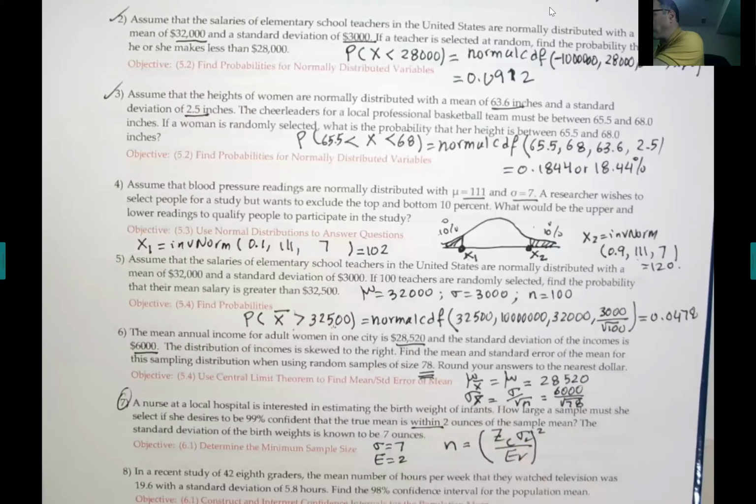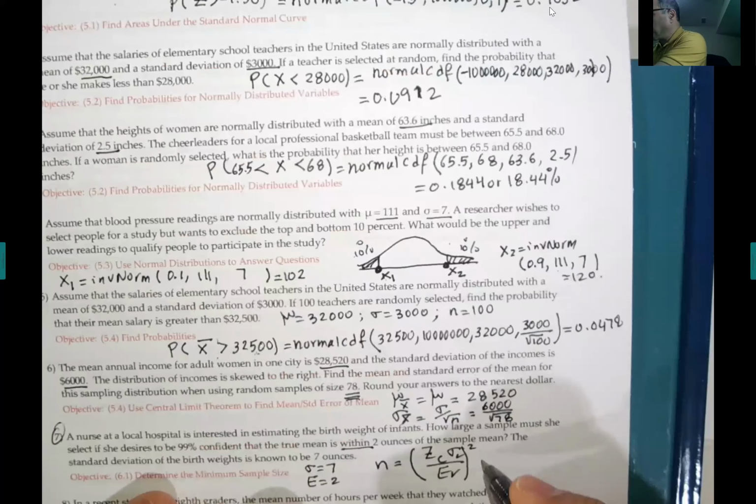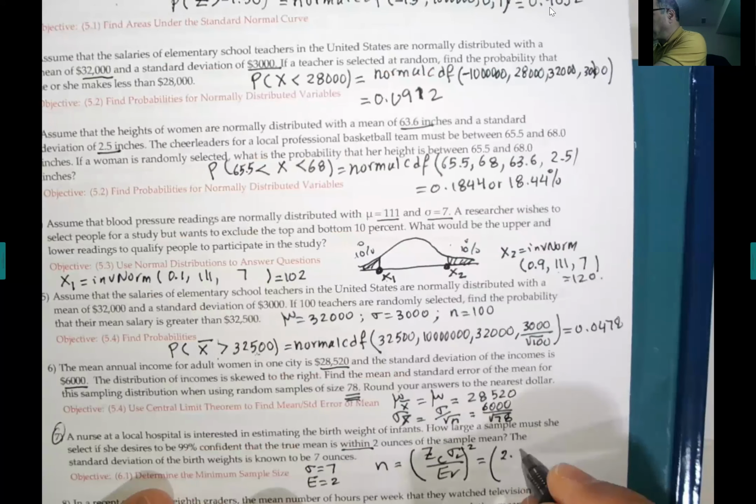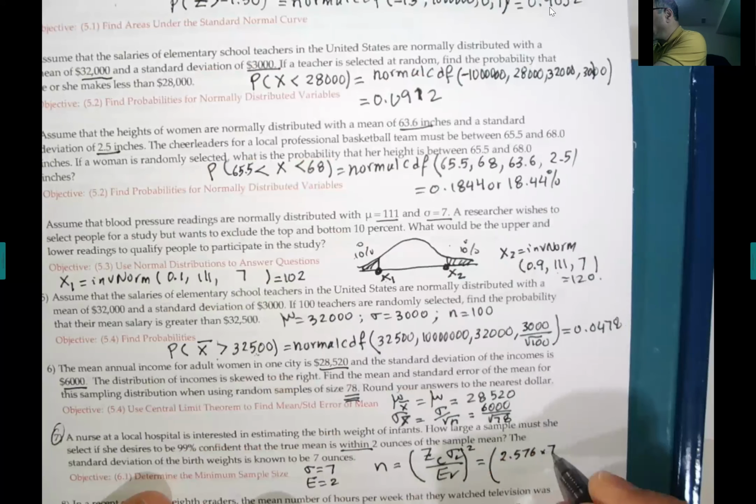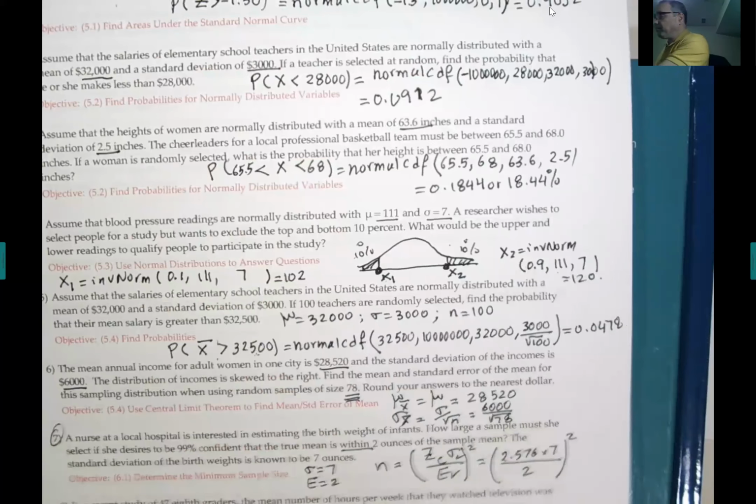So your answer will be 2.576 or 2.575. You can use the 2.575 times 7 divided by 2 squared. Let me just do this math.